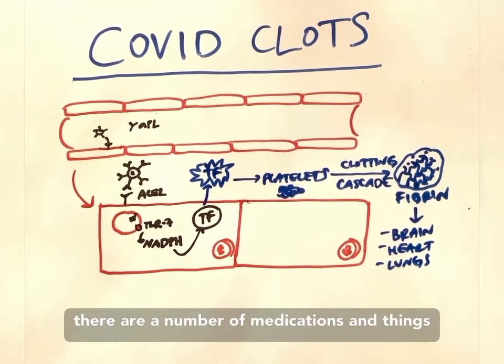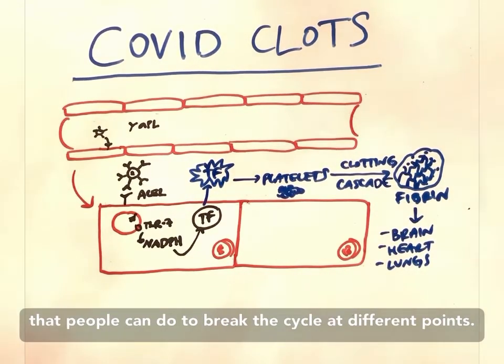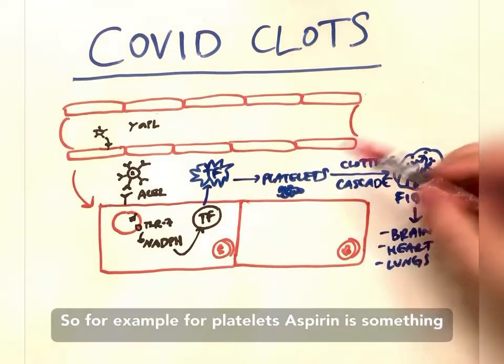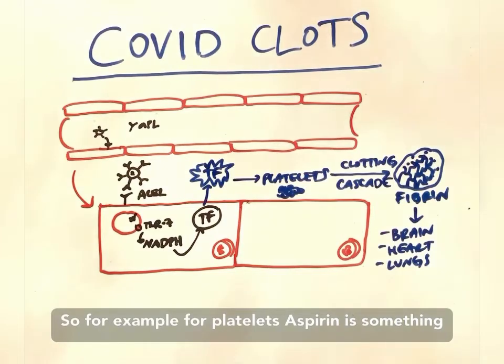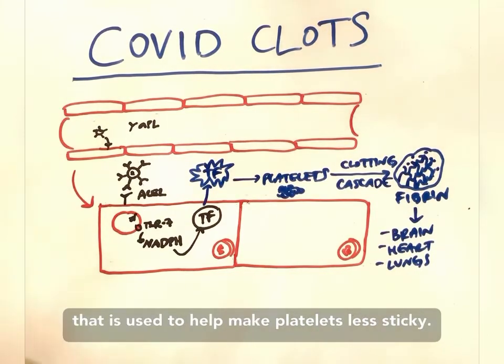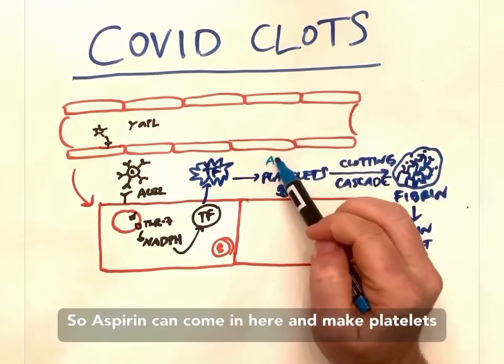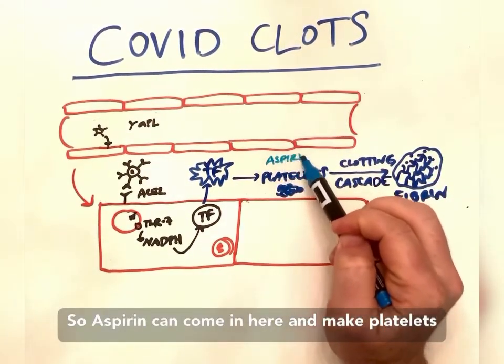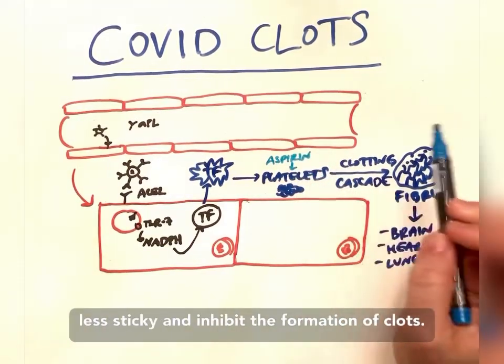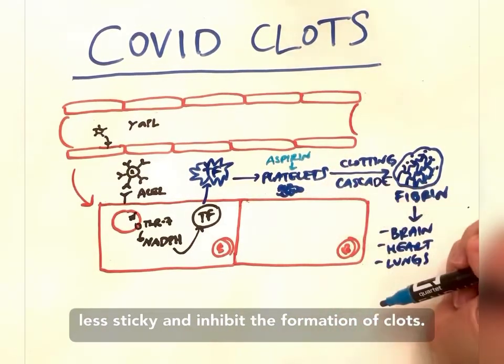So there are a number of medications and things that people can do to break the cycle at different points. For example, for platelets, aspirin is something that is used to help make platelets less sticky. So aspirin can come in here and make platelets less sticky and inhibit the formation of clots.